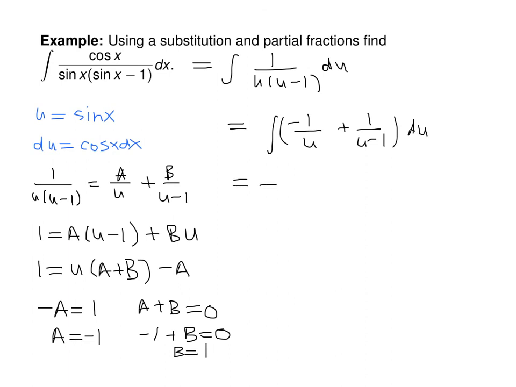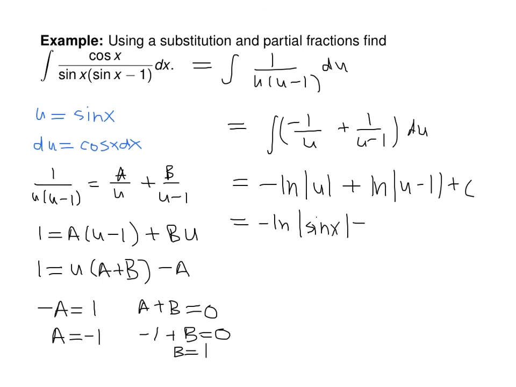So we have negative ln absolute value of u plus ln absolute value u minus 1 plus c, or plugging back in our substitution, negative ln absolute value of sine x plus ln absolute value sine x minus 1 plus c.